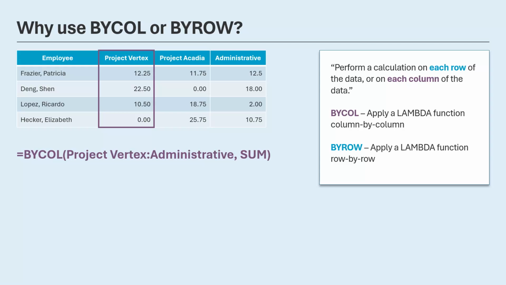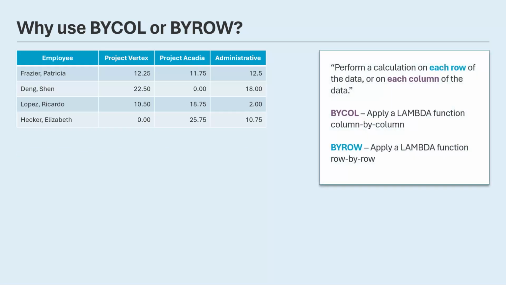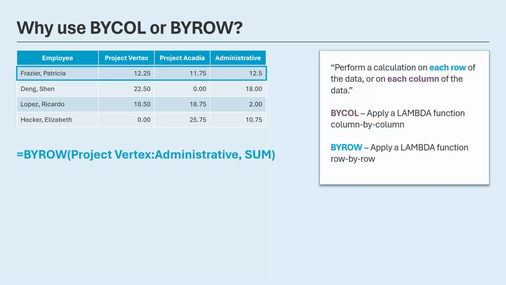If we want to sum up everything in each of the different columns, we can use the BYCOL function and refer to the entire array of cells, and it will go one column at a time. Or if we want to sum up each of the different people's information, then we are going to go by row down the page. So let's see this in action in both the BYROW and BYCOL functions.